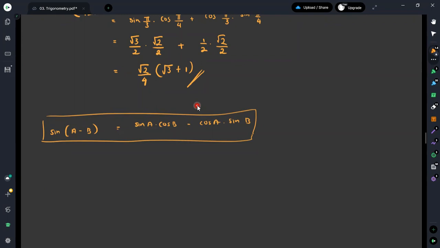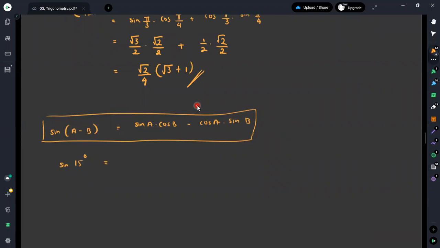If I ask you to find the value of sine 15, you cannot directly read it out, but if you have a calculator or other methods you can find it.